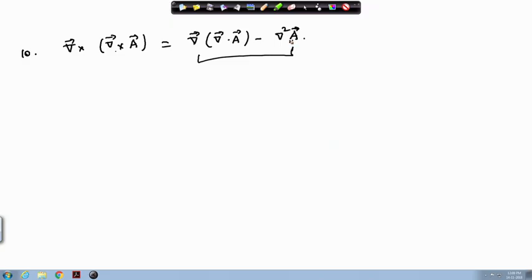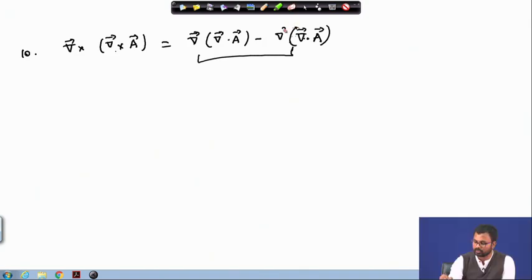It is better to write this in this way, since it is not exactly a Laplacian of a scalar: you have a scalar, then this becomes a vector, and again a vector.